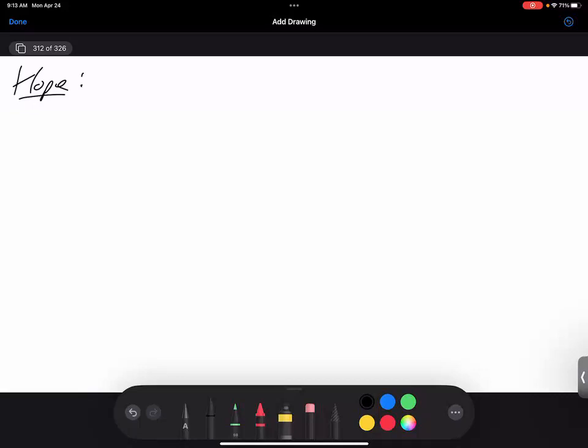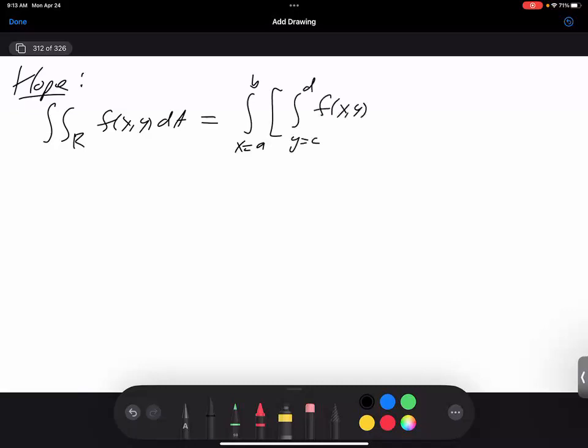We could hope that the integral over R of f of x, y, dA is equal to the integral x goes from a to b, integral y goes from c to d, f of x, y, dy, dx, equals the integral y goes from c to d, integral x goes from a to b, f of x, y, dx, dy.